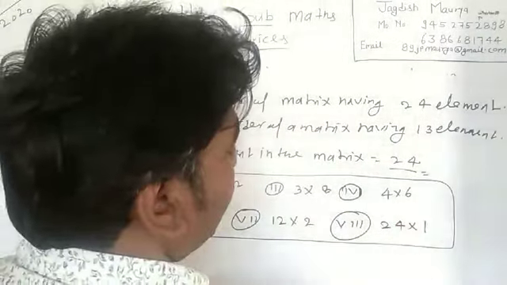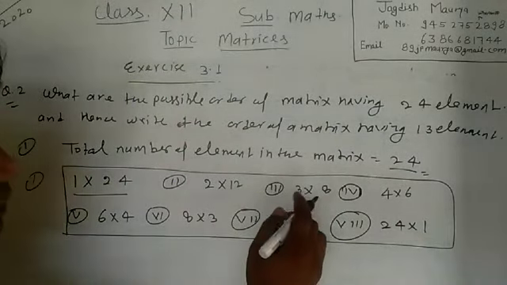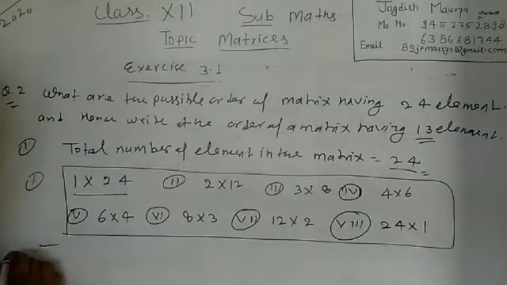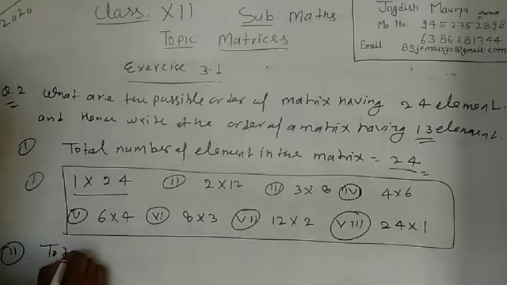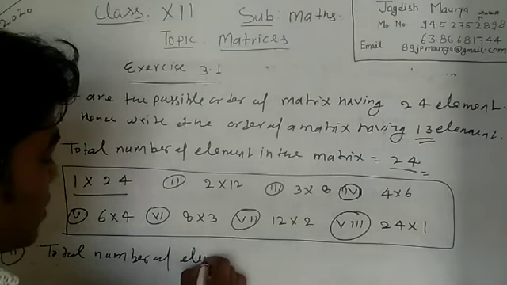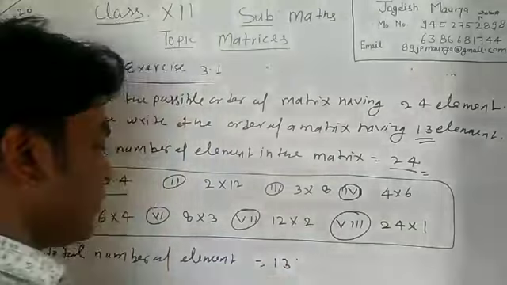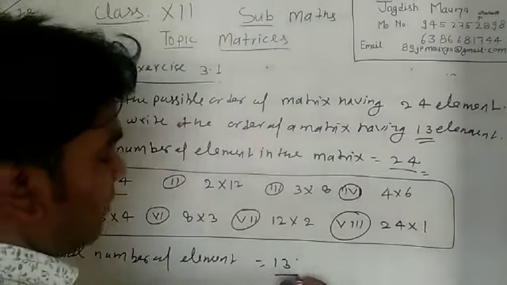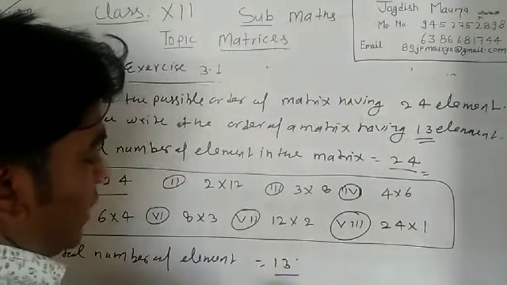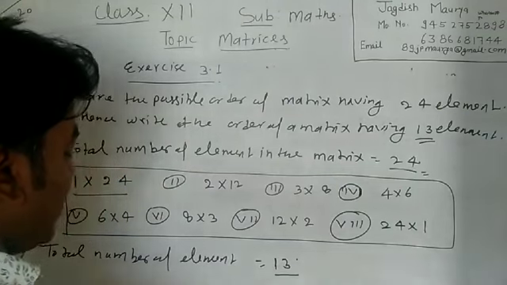Now we have to write the possible order of a matrix having 13 elements. The total number of elements is equal to 13, and we know 13 is a prime number. It has only two factors, 1 and 13 itself.